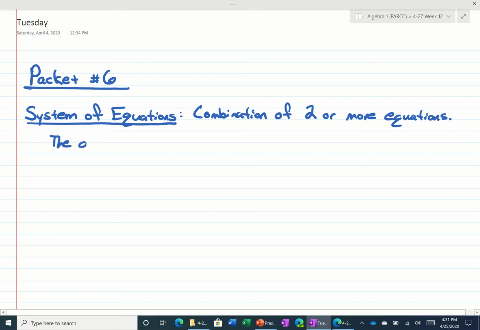The answer is going to be the x and y value that work or satisfy all the equations.